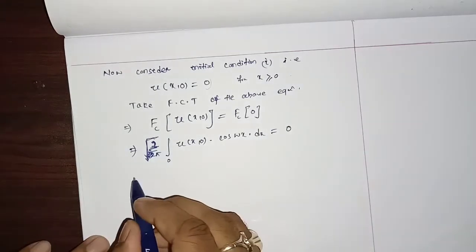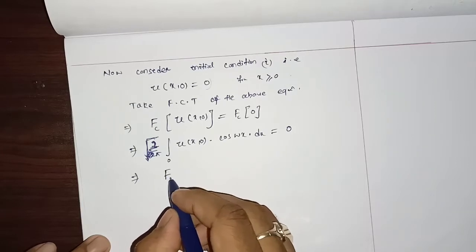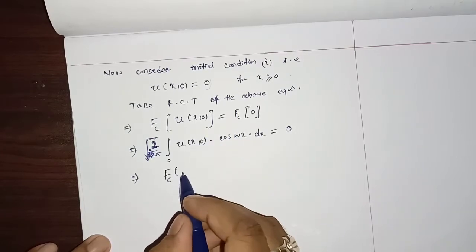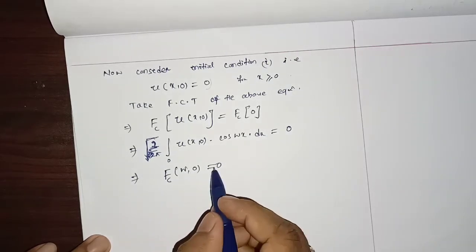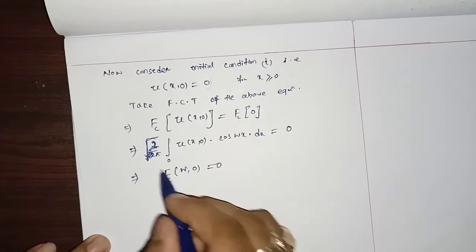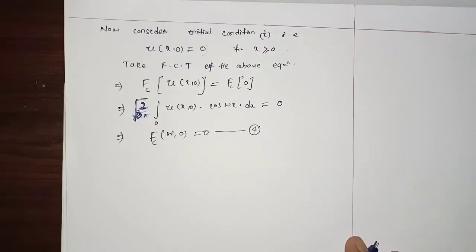This value is nothing but f_c, the Fourier cosine transform applied over x. So it will be written as f_c(ω,0) equal to 0. Okay, let this be your equation number 4.